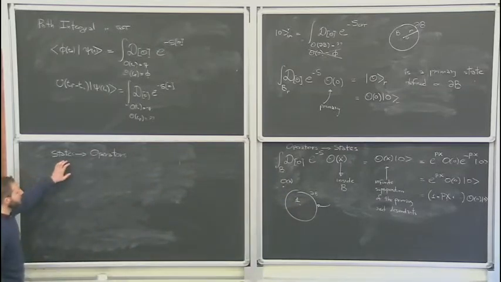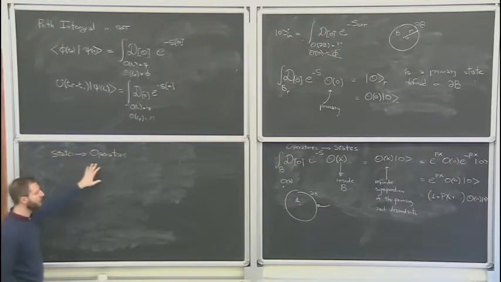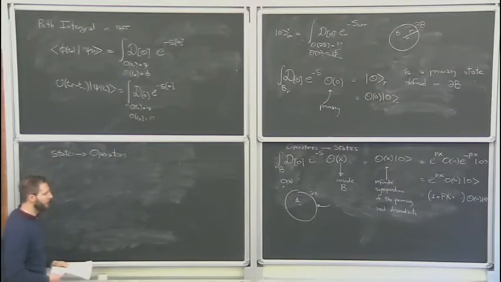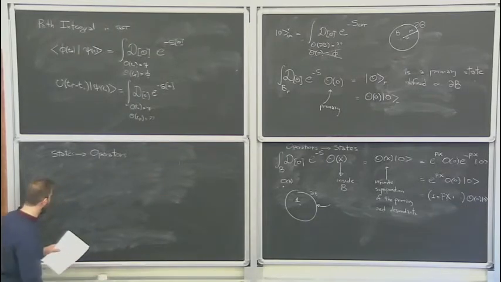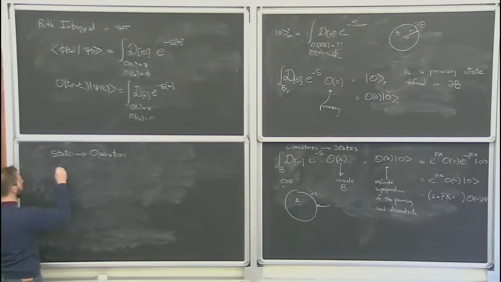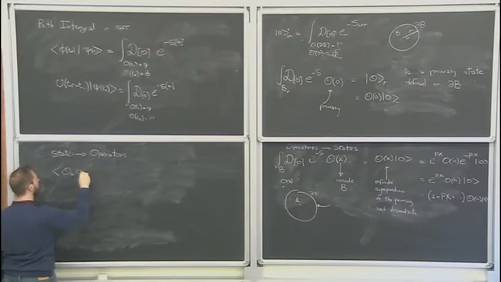Okay. So now, given the states, we would like to define operators starting from states, and the logic is very similar to the one that was before, except it goes the other way around. So suppose we want to define, we're going to give a meaning to a correlation function of some set of operators.